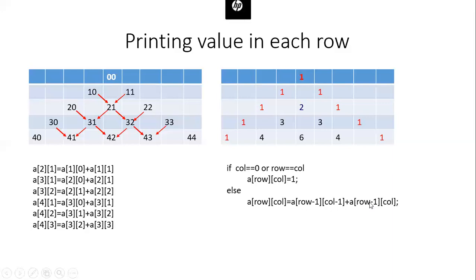But what about the column index? If you want the value of A of 2, 1, you need to consider A of 1, 0 and then A of 1, 1. That is, the column index is col minus 1 and then col. So here, if it is col, you add col minus 1 from the previous row and col from the previous row. So this is the formula for printing the elements in the inner part.